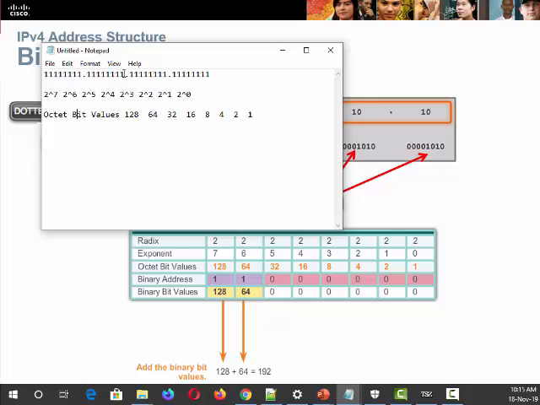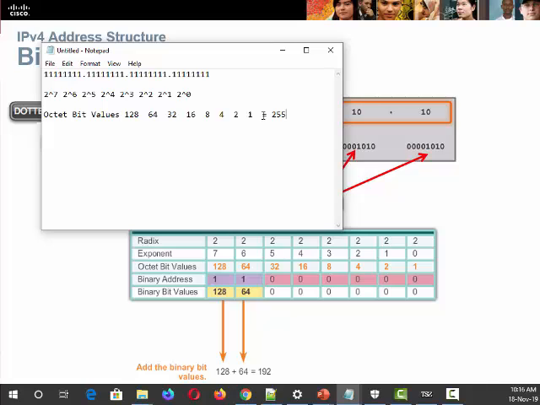Now, when you add up all these numbers together, it is equal to 255. If you add 128 plus 64 plus 32 plus 16 plus 8 plus 4 plus 2 plus 1, it is equal to 255.